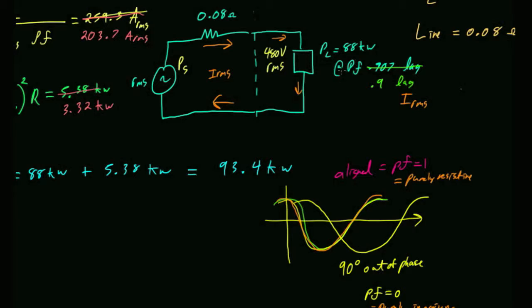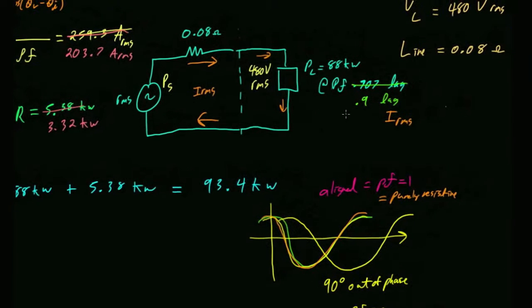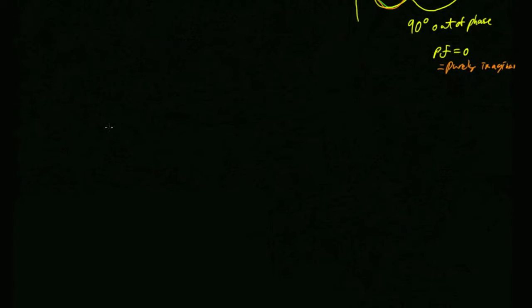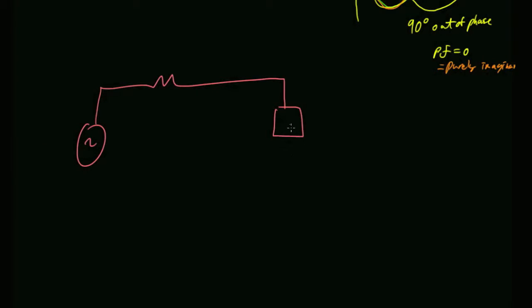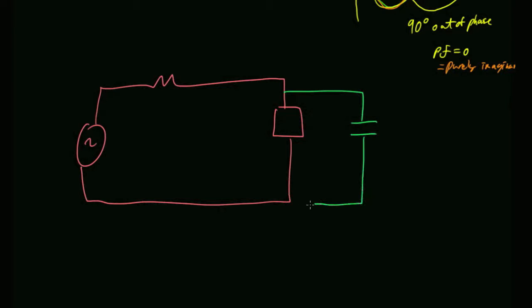Basically what you could do is you could stick a capacitor across, in parallel with your load. All right, and if you got the size of the capacitor right, you could basically change the phasiness of your load, and thereby get your power factor closer to 1.